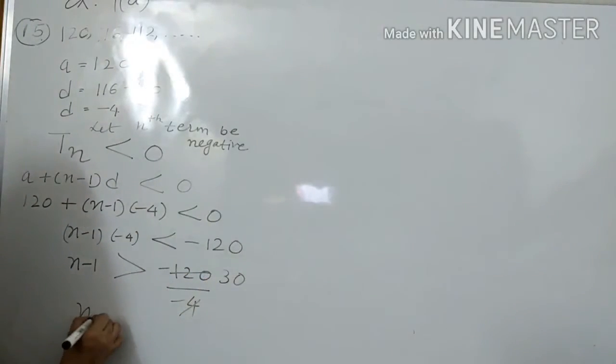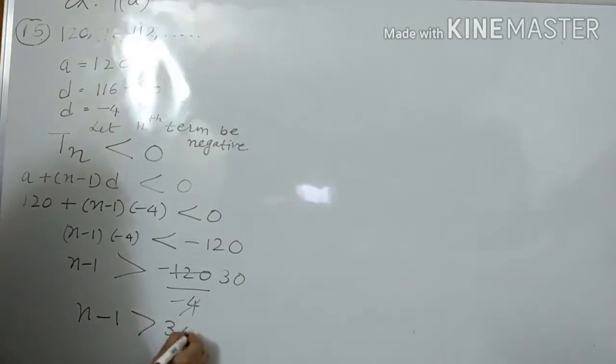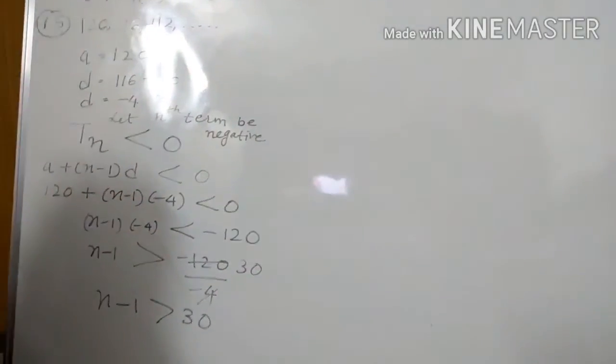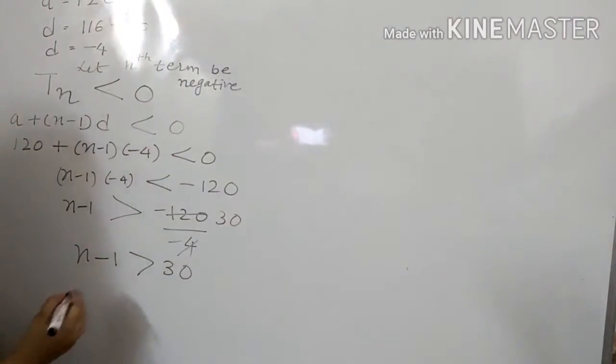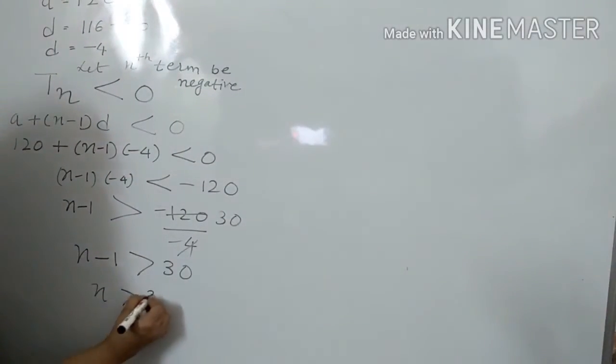So n minus 1 is greater than 30. So here n is greater than 30 plus 1. So n is greater than 31.